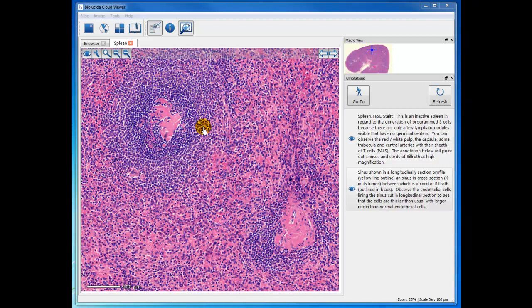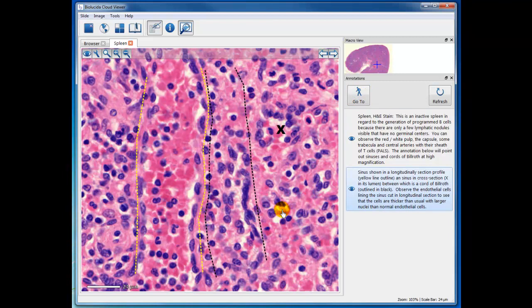So a sheath of T lymphocytes surrounding the central arteries is the periarterial lymphatic sheath, which is known as the PALS, all capitals.